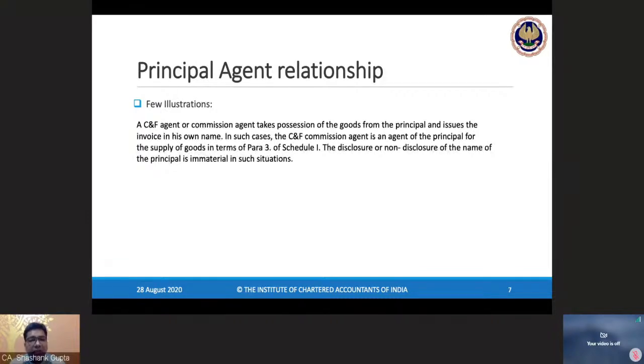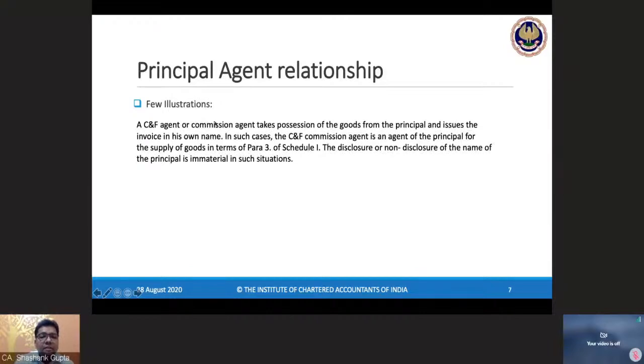In such cases, the C&F commission agent is an agent of the principal for the supply of goods in terms of para 3 of Schedule 1. So what is the identifying factor?